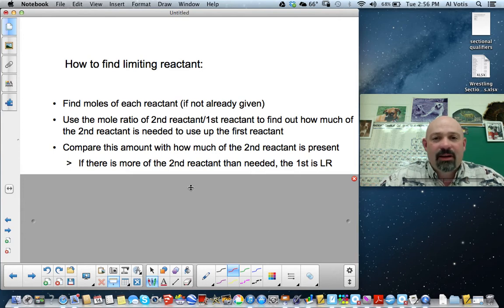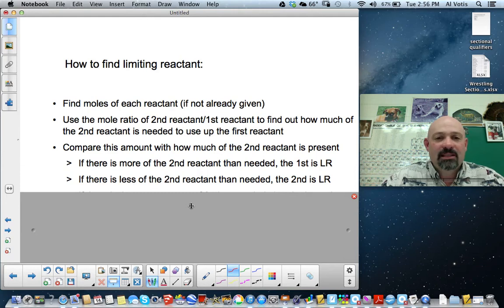So it's like saying, okay, if I have the car and the tires, I needed 32 tires, but I had 48, so I needed less than what I have, so the bodies were my limiting reactant, not the tires. I have more than what I needed to use, so there's going to be some of that left over. If there's less of your second reactant than what you need, in other words, if I only had 8 tires in that last example instead of 48 tires, then I couldn't make 8 cars.